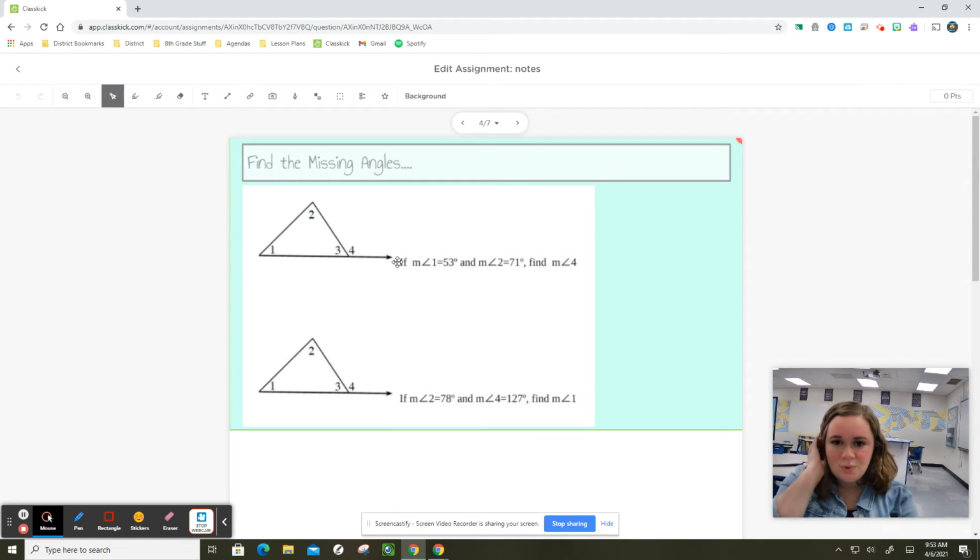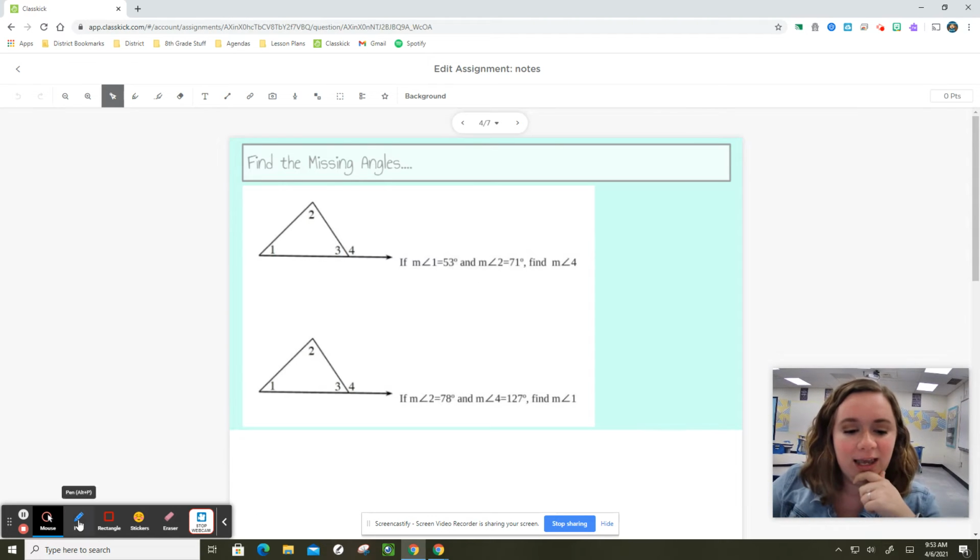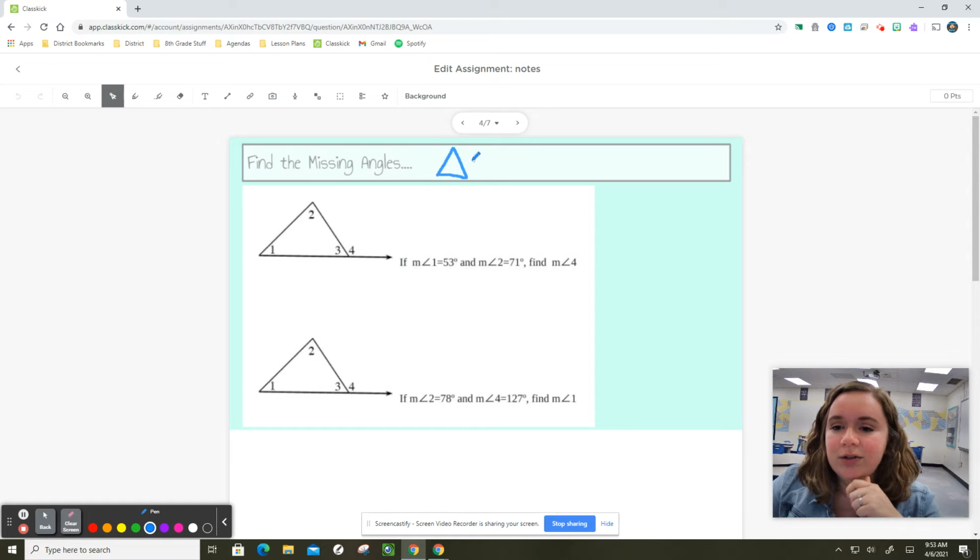We have two main concepts that we can use here. The first one is solving for interior angles. If we're solving for interior angles, what do all the angles inside a triangle equal? They equal 180 degrees.